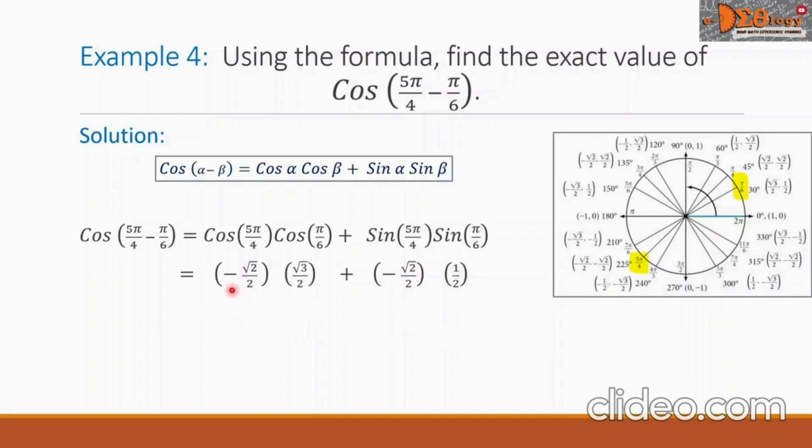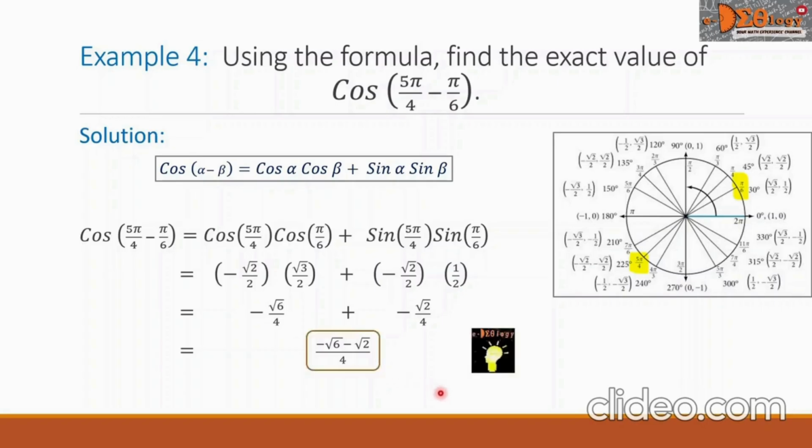For the first group, negative square root of 2 over 2 times square root of 3 over 2, that is negative square root of 6 over 4, plus we multiply negative square root of 2 over 2 by 1/2, and the product is negative square root of 2 over 4. Let us now combine the two fractions. We can see that we have the same denominator, so the final answer is negative square root of 6 minus square root of 2, all over 4. This is the final answer.